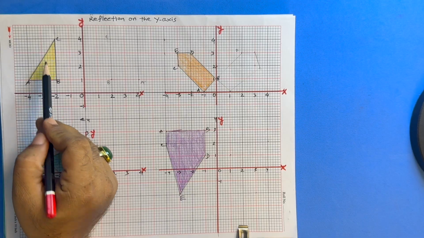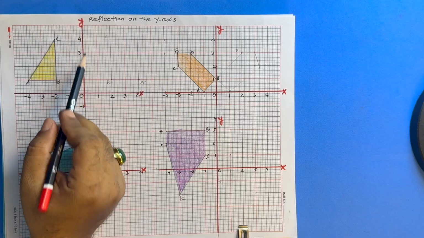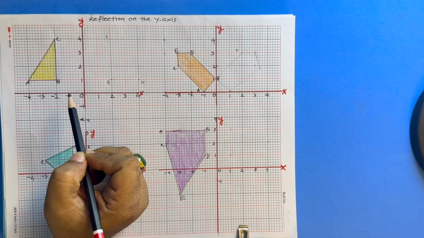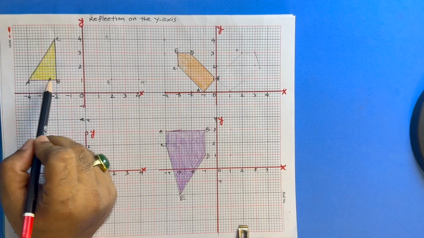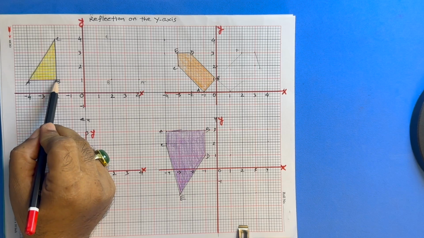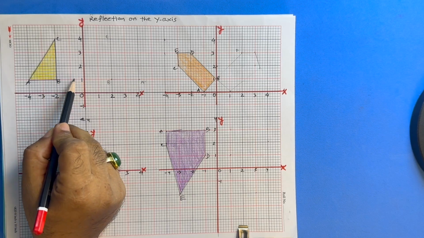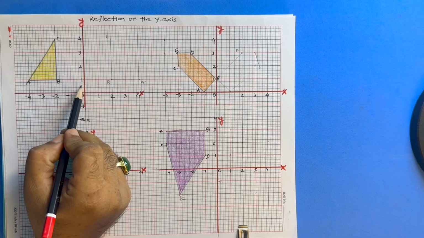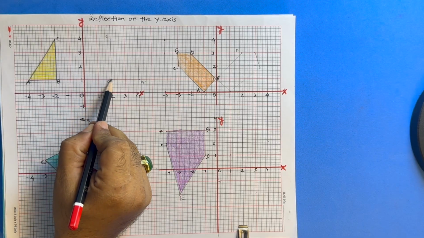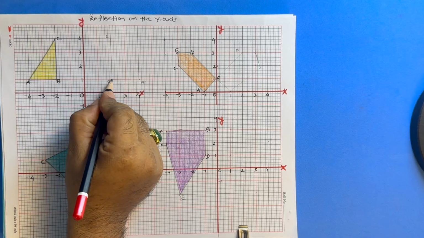Here, this is the question. Reflection on the y-axis. Last class was reflection in the x-axis, so today reflection on the y-axis. B point at first. B point is 1 unit left from the y-axis or mirror line, so B point would be 1 unit right over here.